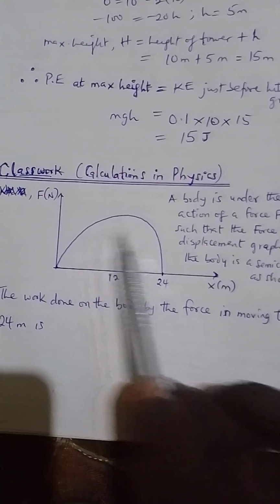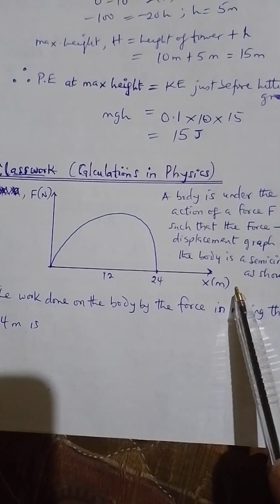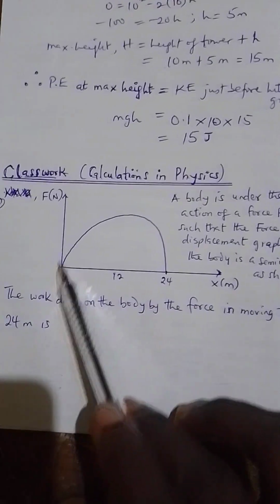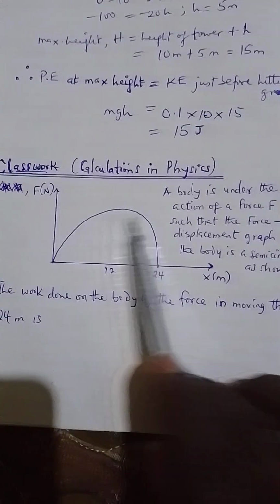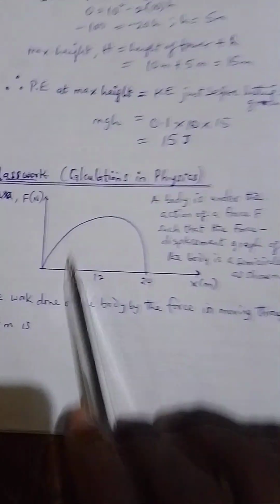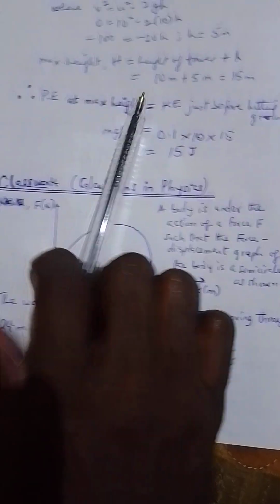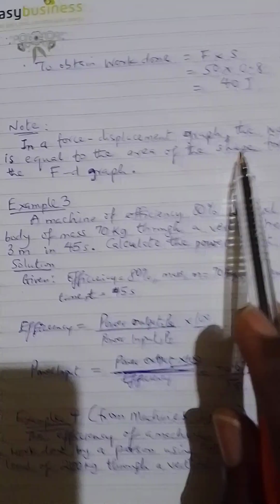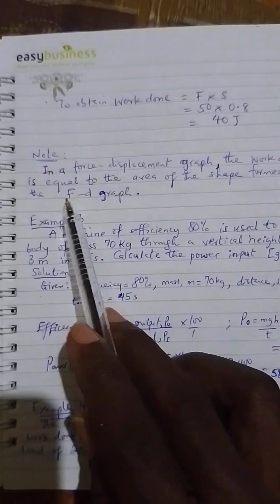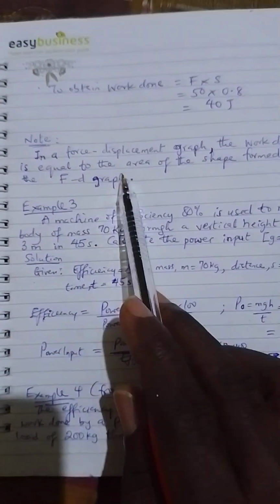So the area of the shape, it could be a semicircle or any other shape. The area of the semicircle gives us the work done. So work done can also be found from the area of the shape in the force displacement graph.